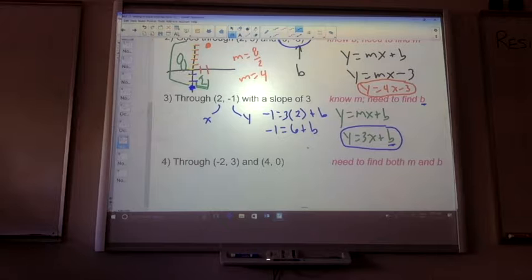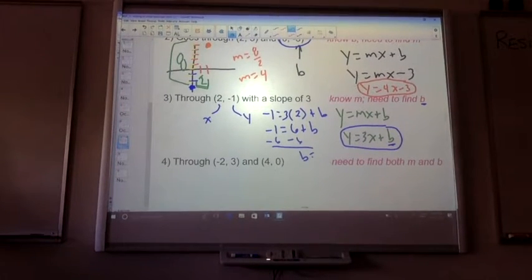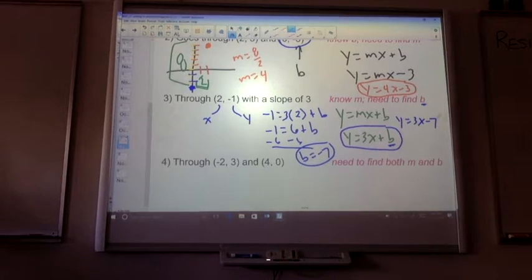Plus b. How would I get b by itself? Yeah, just old school subtracting 6. So b is equal to -7. Yes? So now I found out what b is, so I can now take that and plug it in here. So my equation is y equals 3x minus 7.